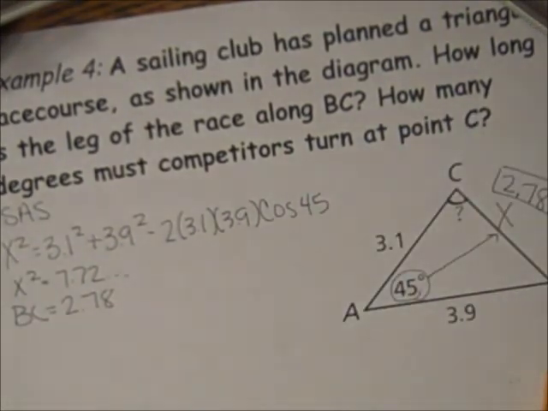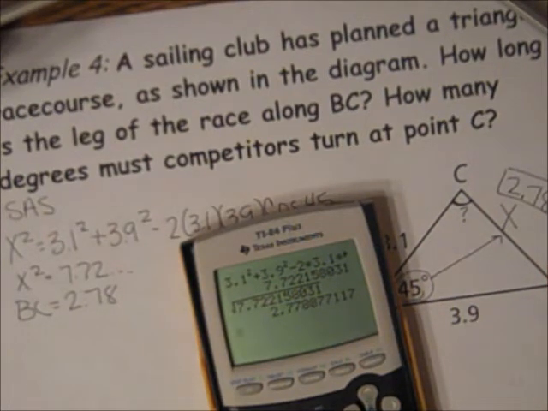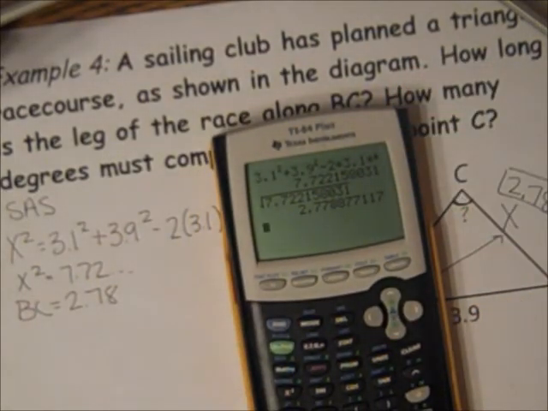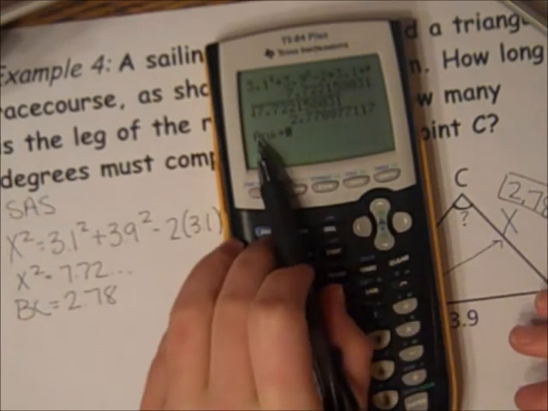Now, I'm not all the way done with this problem, so I'm not sure if I'm going to need to use BC again. For our final answer, we would round it to the nearest hundredth, but because I might need to use BC in just a second to find angle C, I'm going to save this in my calculator. How I'm going to do that is hit the store button, which is right above the on button, and it's going to say answer.